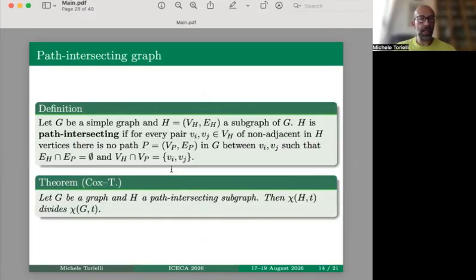Because in this way, we could prove that if I take G, a simple graph, and H, a path intersecting subgraph, then the chromatic polynomial of H divides the chromatic polynomial of G. Just consider that in general, if H is not path intersecting, this is not true. I can find many graphs, induced subgraphs or with other properties, for which the chromatic polynomial of H does not divide the chromatic polynomial of G.